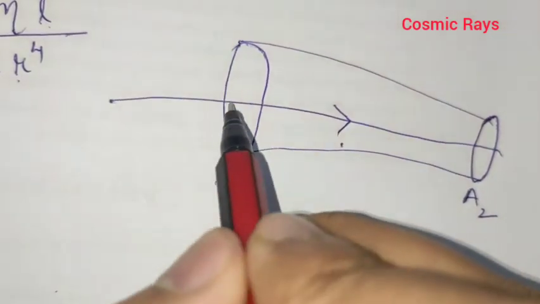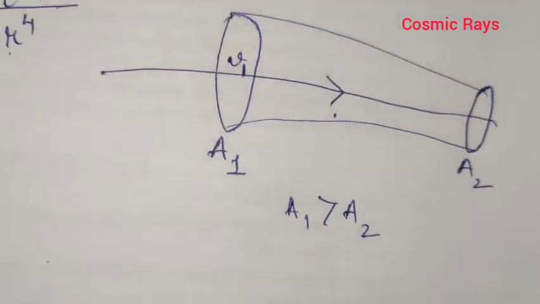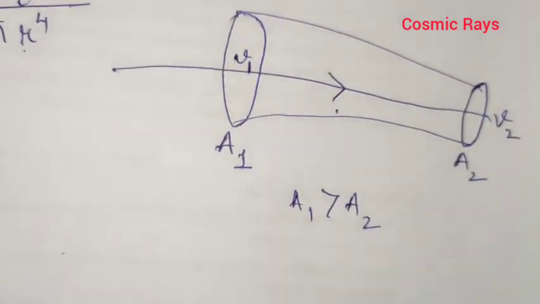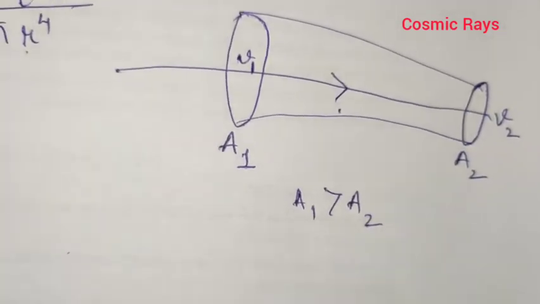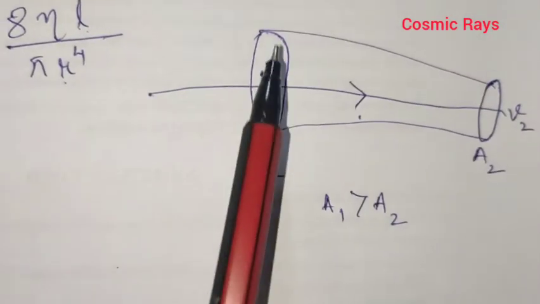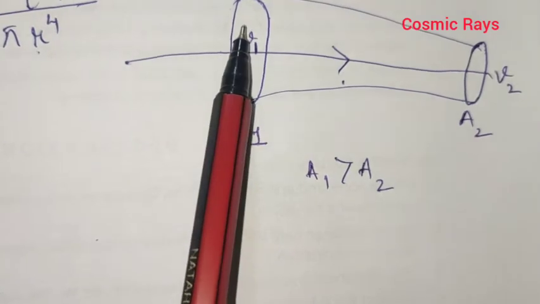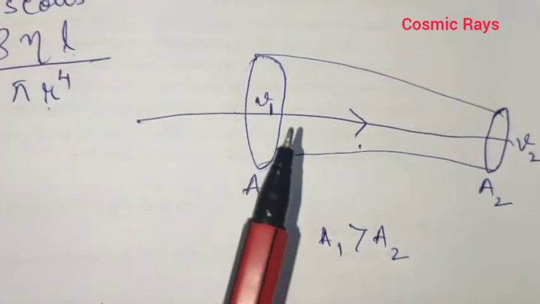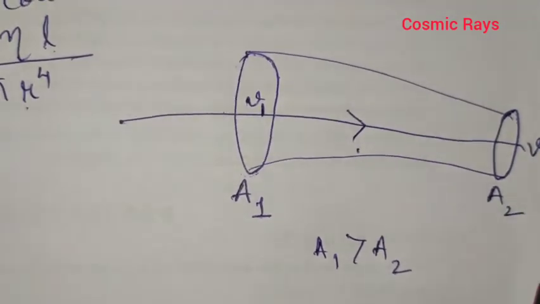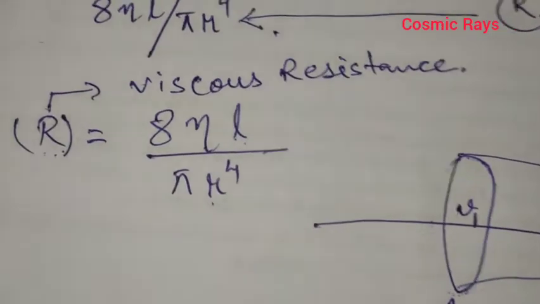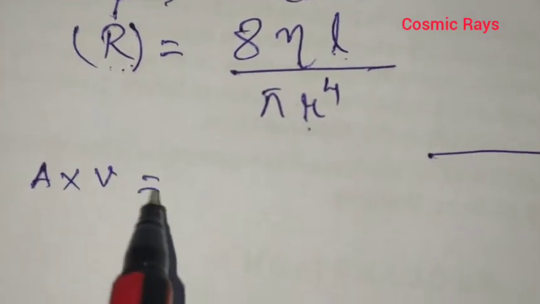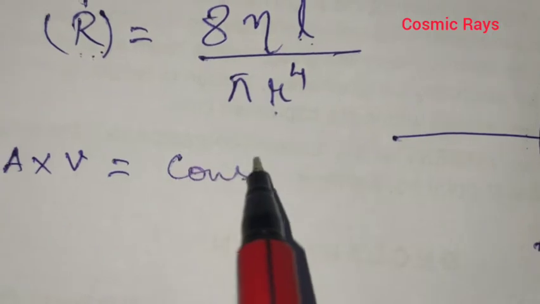Suppose V1 is the velocity at the inlet and V2 is the velocity at the outlet. What we find is the amount of water entering at the inlet will be the same at the outlet also. That means area multiplied by velocity will be constant.